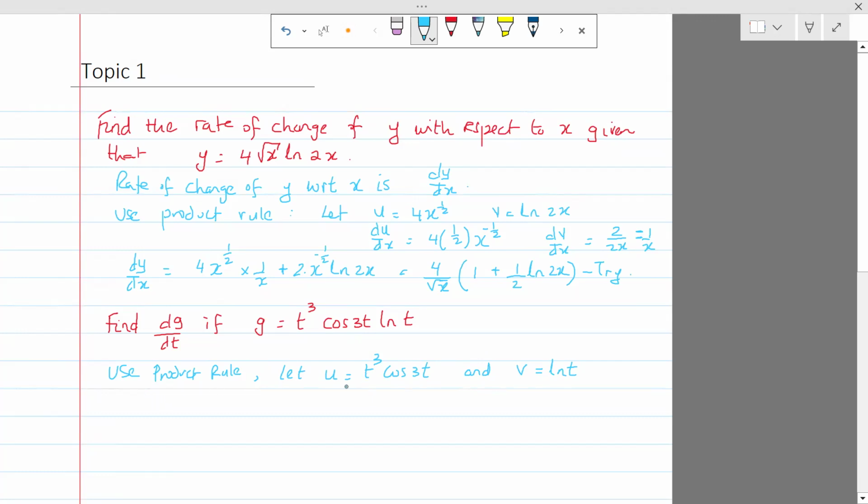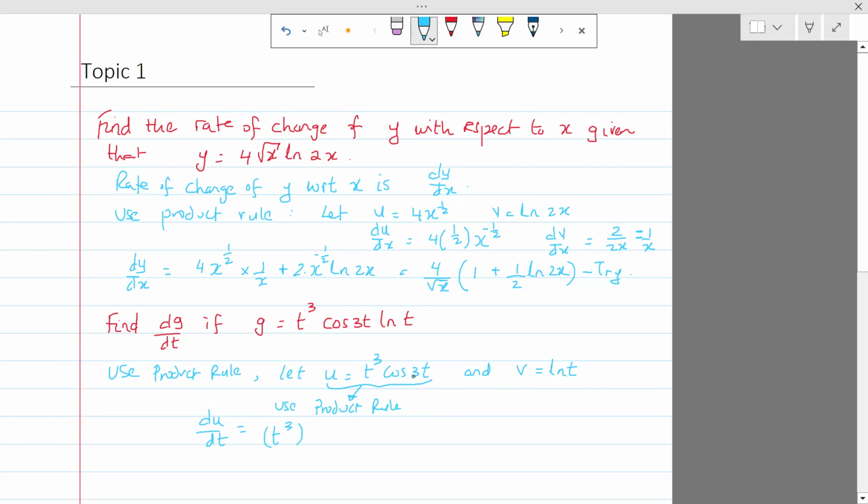So now we are going to focus on this here. This is also another product rule. So du by dt, we are going to use the product rule now. It's going to be equal to t cubed, u dv by dt.